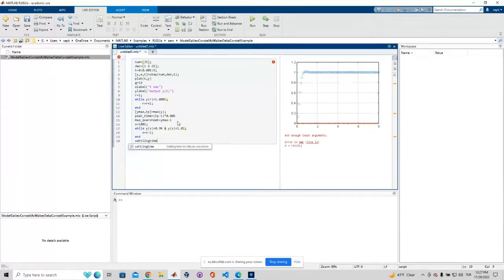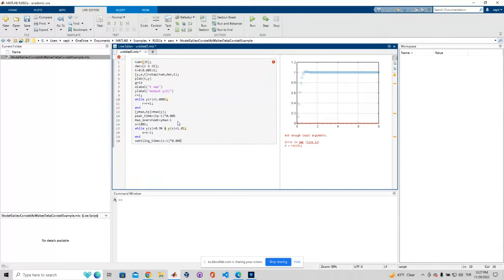What was the settling time, guys? Do you remember? Find the settling time. We talked about it previous week. You should have remembered it. What was it? 0.005 or change in time.